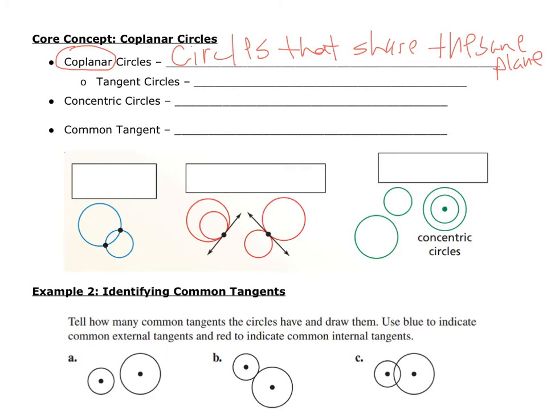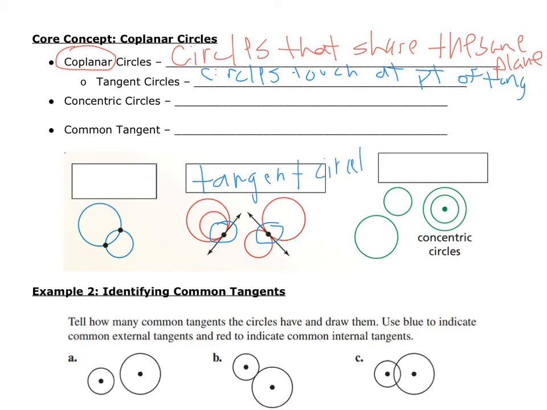So circles touch at a point of tangency. For instance, these 2 circles here would be an example, so we'll go ahead and fill in this box. This is an example of tangent circles, because they are sharing or touching at one point.